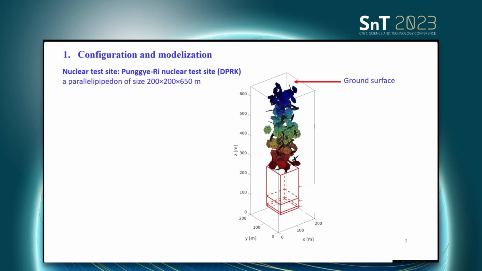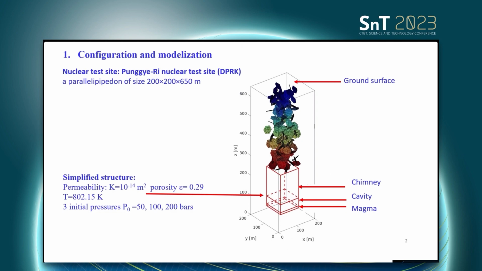So the configuration is the following. This is the test site underground, so you see the ground surface. Below, you see the cavity, the chimney, and the magma created by the explosion. These are simplified in this model. We could do everything, but here it's simplified as a medium of high permeability and high porosity.